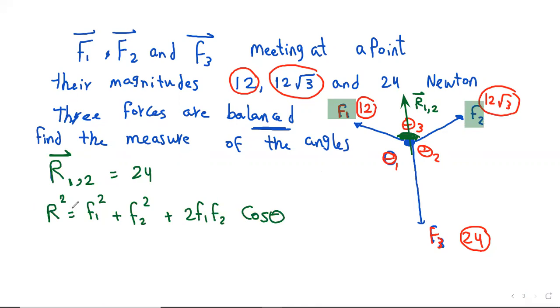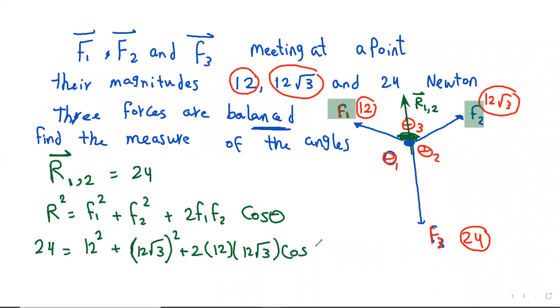Instead of R, we write 24, because they are in equilibrium, they are balanced. F1 and F2, their resultant is 24. So write 12 squared plus 12 root 3 squared, plus 2 multiplied by 12, multiplied by 12 root 3, then multiplied by cosine theta. This equals 24 squared.